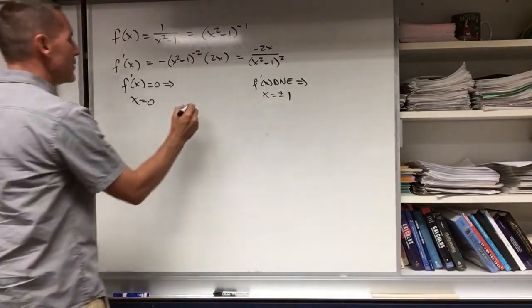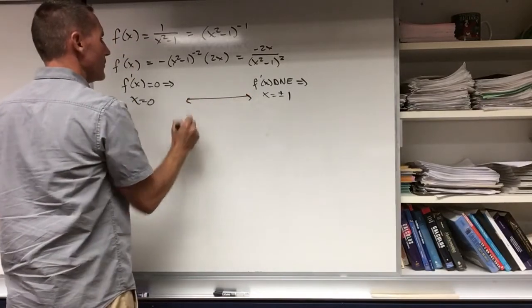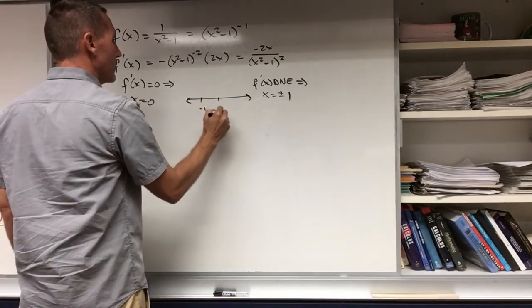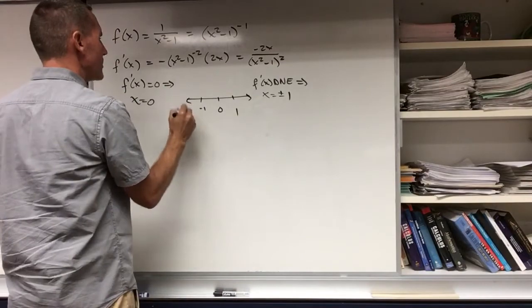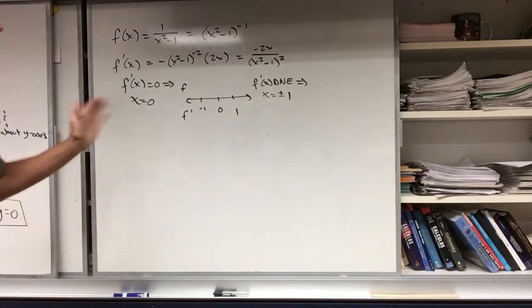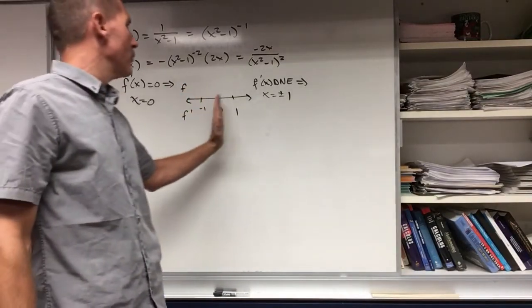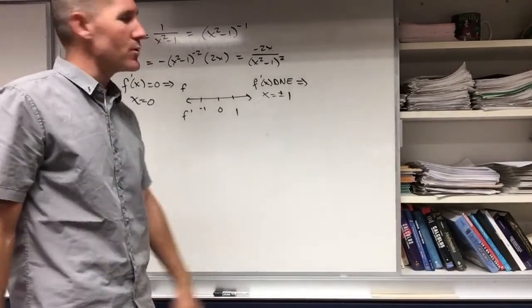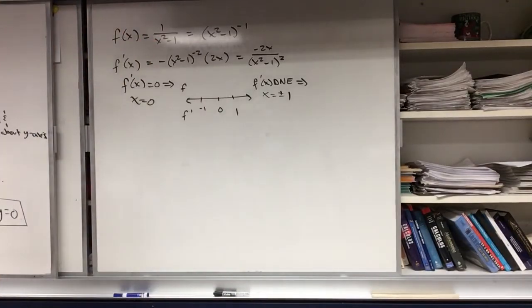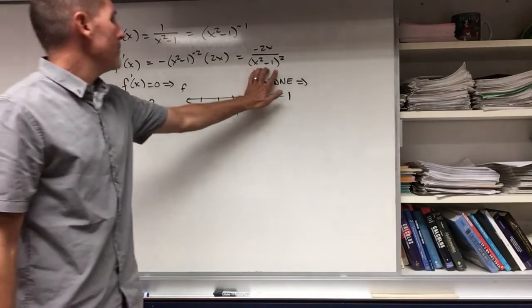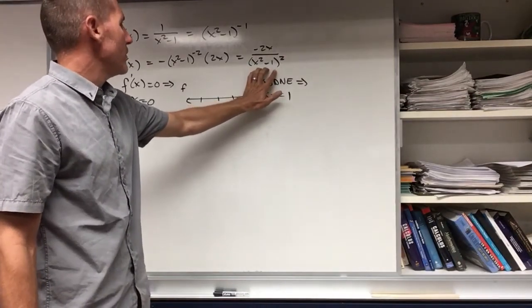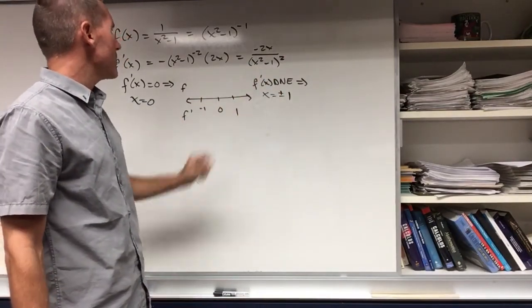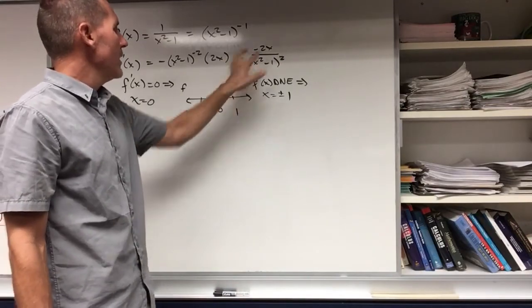So on a sign chart, and when I do a sign chart, even when I have symmetry, I do the whole thing, even though some might say, well, you only needed the positive. That's true, but I like to do the entire thing. So this is my original function, this is my derivative right here. So let me plug in values on these intervals into that.